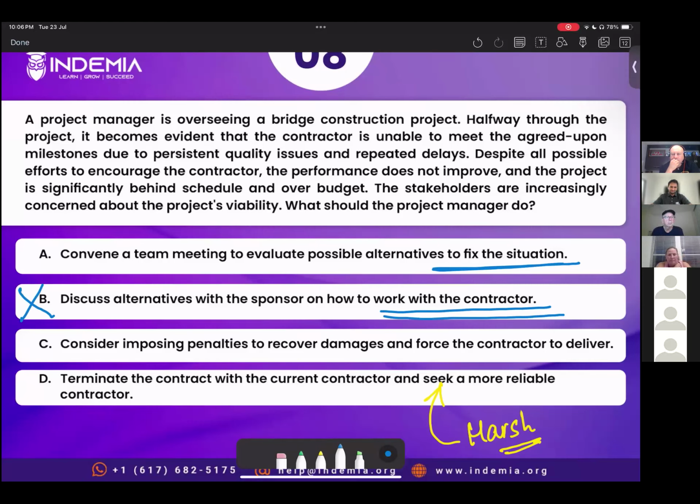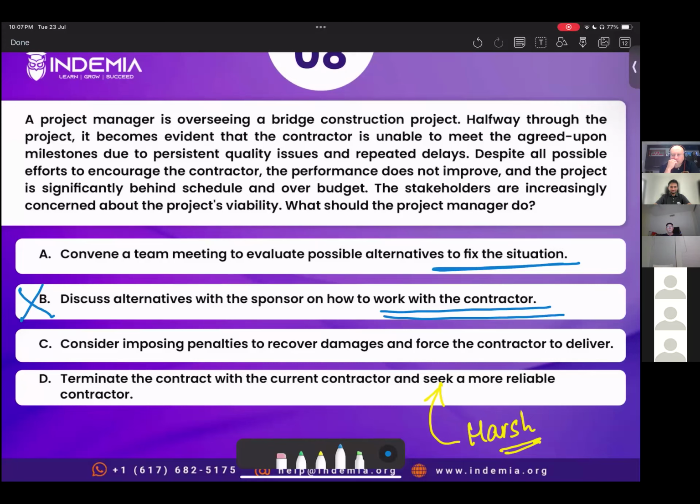I mean, obviously there are steps that we need to do before you terminate the contract. But basically, given the situation, they work with the contractor and it's not working out. They've tried all the options to improve the situation.